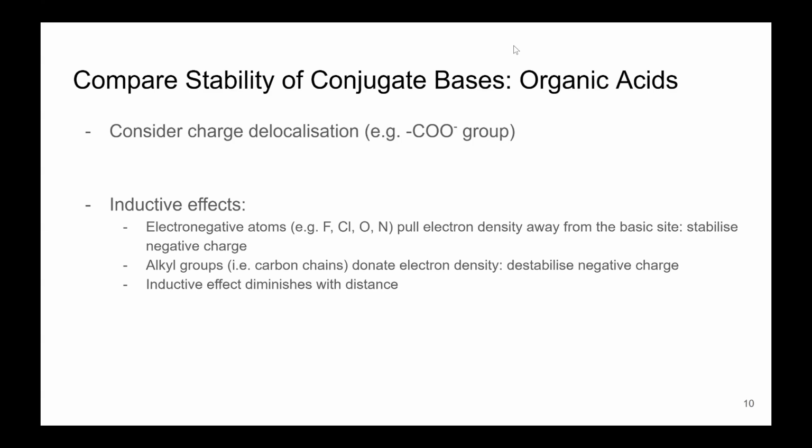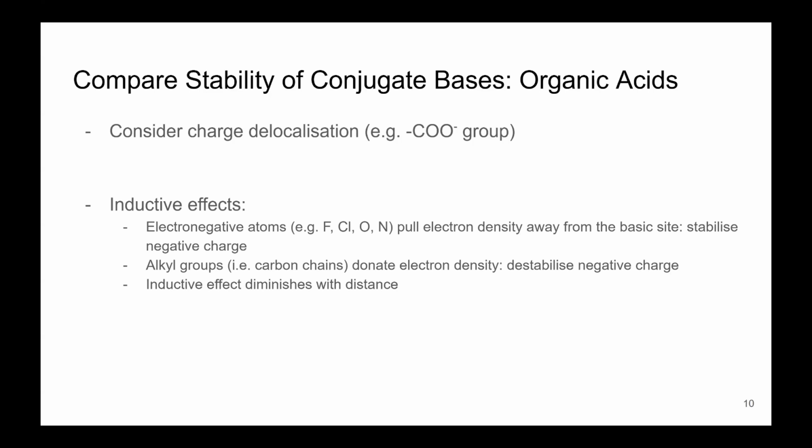So if you have an electronegative atom right next to the basic site, its effect in stabilizing the anion is much greater than an electronegative atom a few carbons away from the basic site.